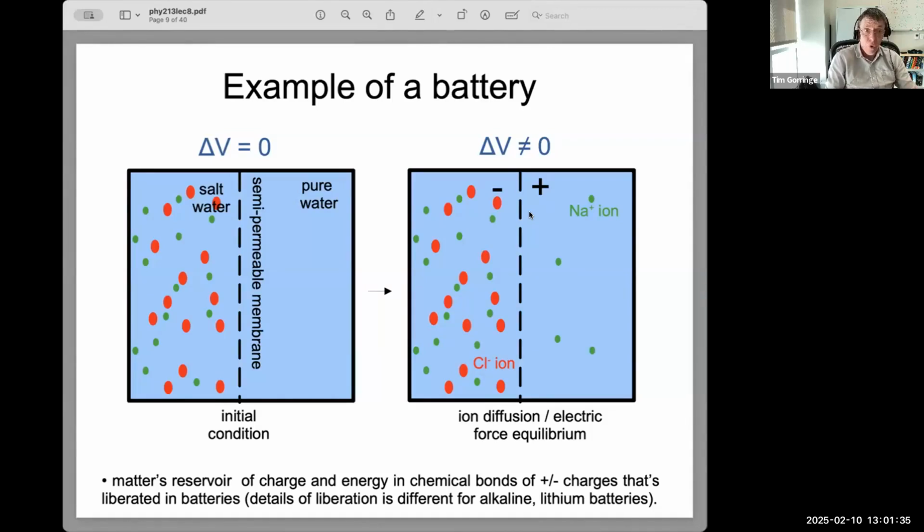The cell wall, the membrane, is semi-permeable, and by some ions being able to get through the pores or the holes and other ions not being able to get through, we build up a charge difference on the inside and outside of the cell. We build up an electrical potential between the inside and outside of the cell. So this is a natural battery.